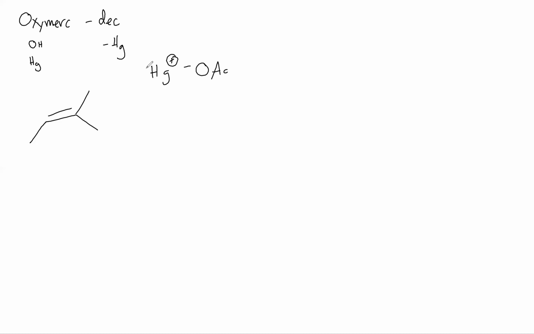Okay? But the first step of oxymercuration demercuration, we're going to see what happens here. The nucleophilic double bond is going to attack that mercury group. Okay? And so then we end up with this guy right here: Hg, positive charge here, and then OAc.